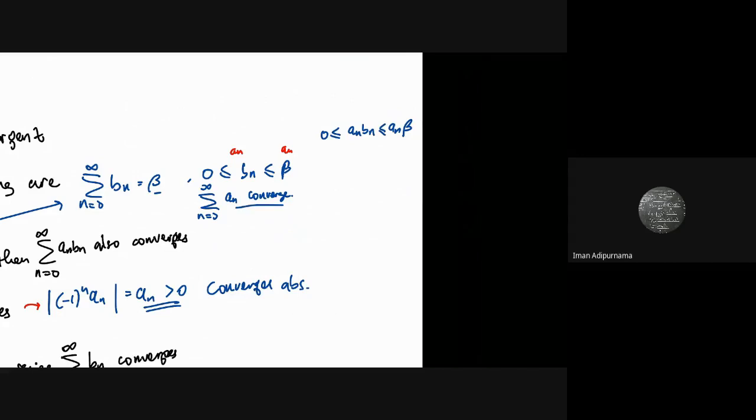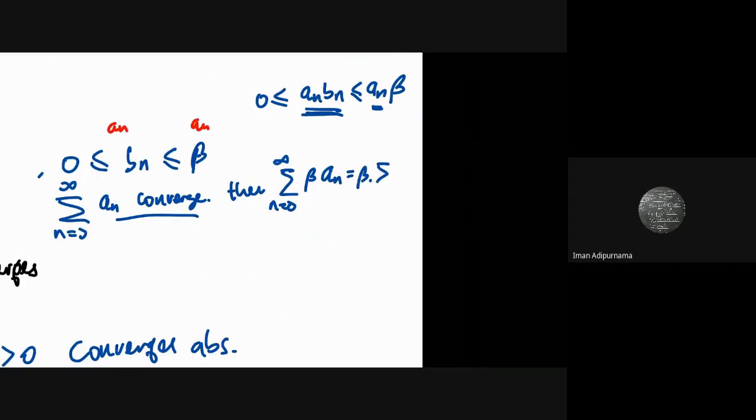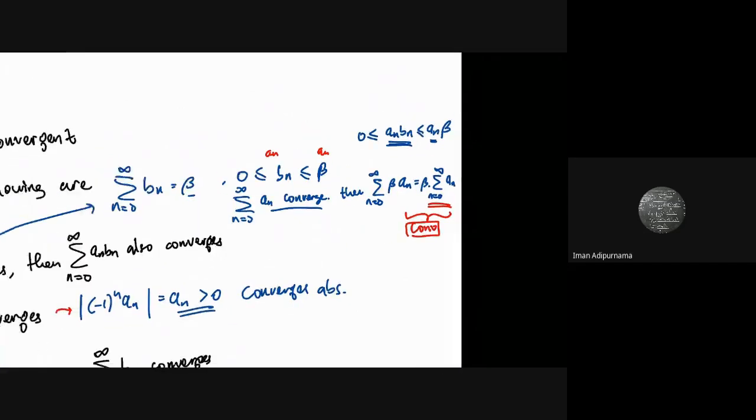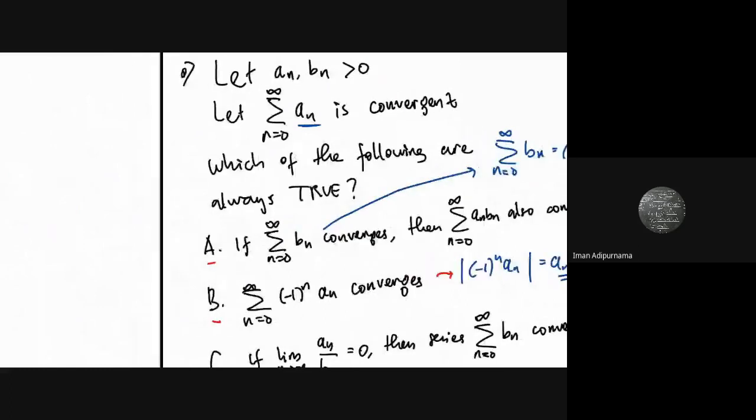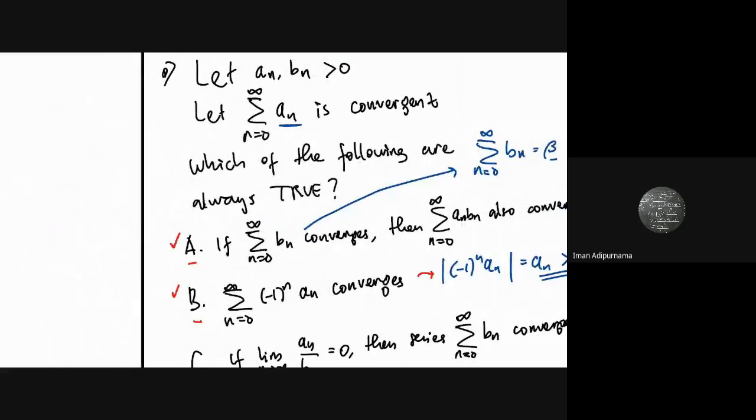And because an converges, the whole thing becomes convergent. Okay, get the logic there? So A is okay, B is okay, so that's true.